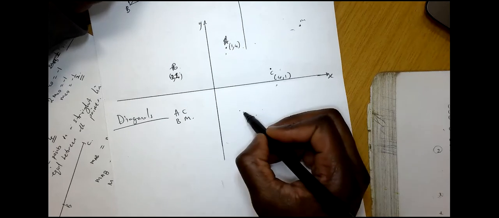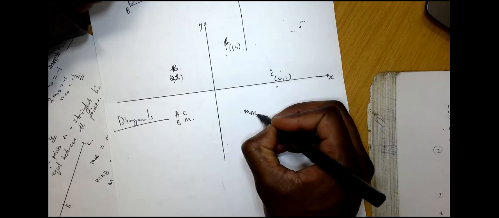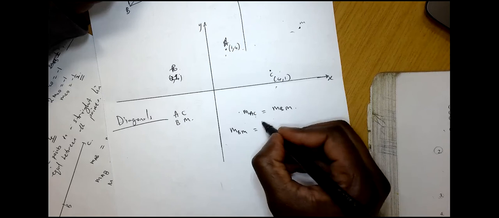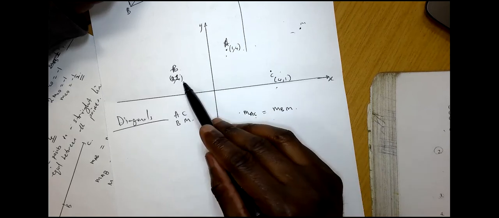Oh, we're going to need it. So here, if we know that MAC is equal to MBM, we say, for MBM, what is it equal to? What we have as B is negative 2 plus X, X for what? XM.